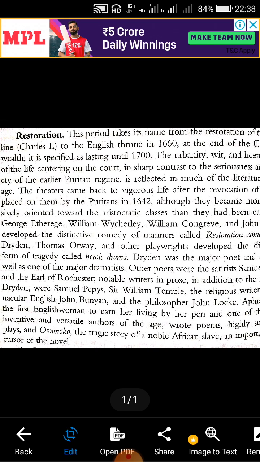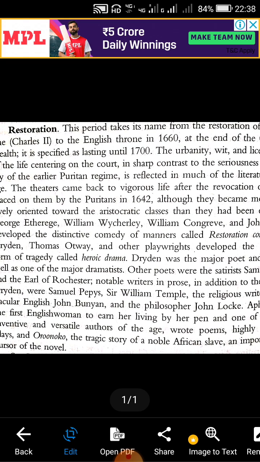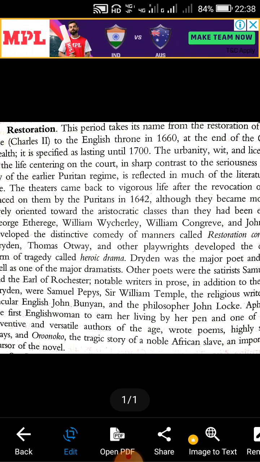After that comes the Neoclassical period, which is divided into Restoration period, Augustan age, and the Age of Sensibility or the Age of Johnson.